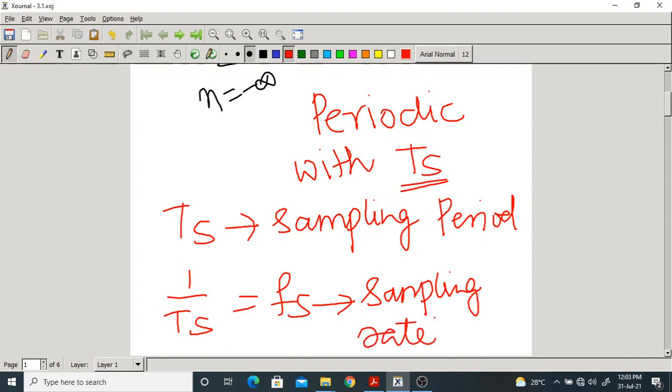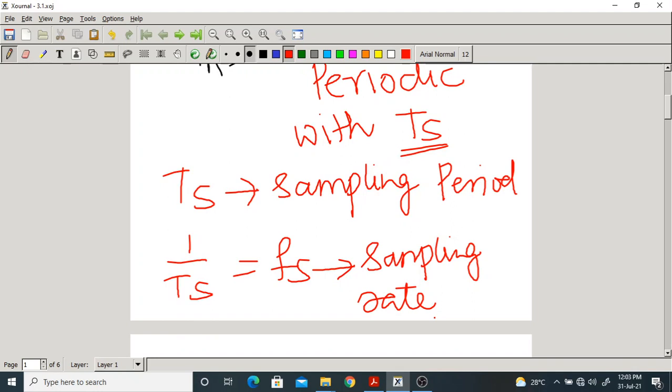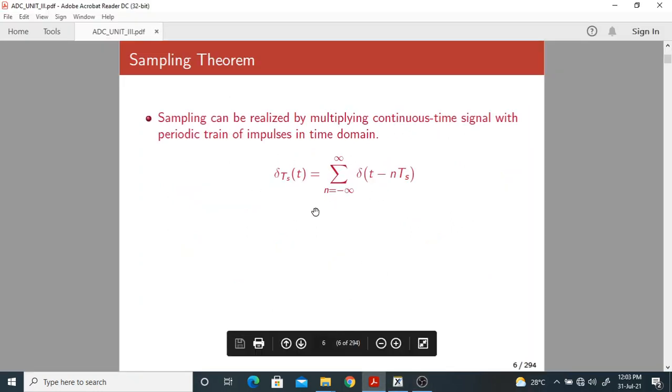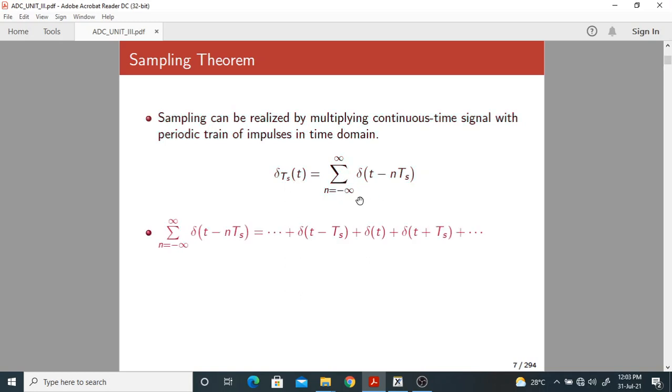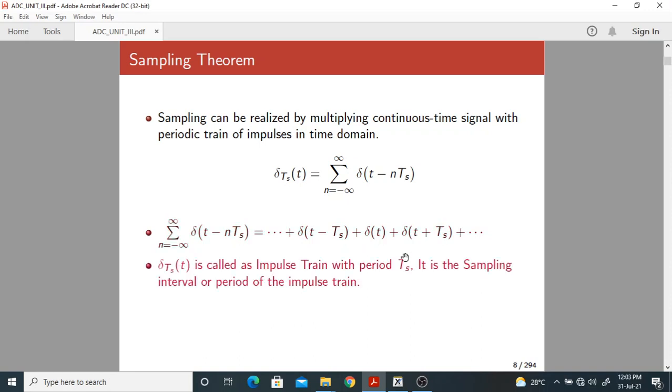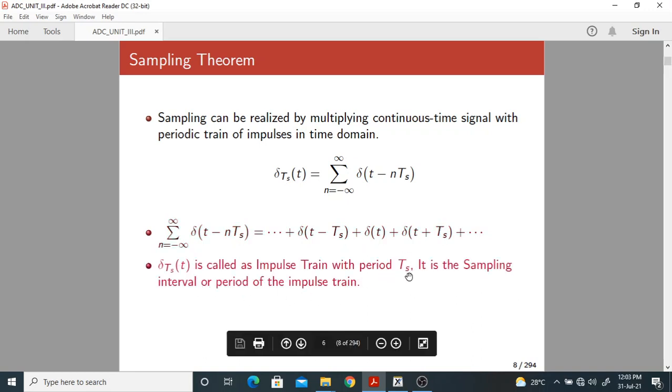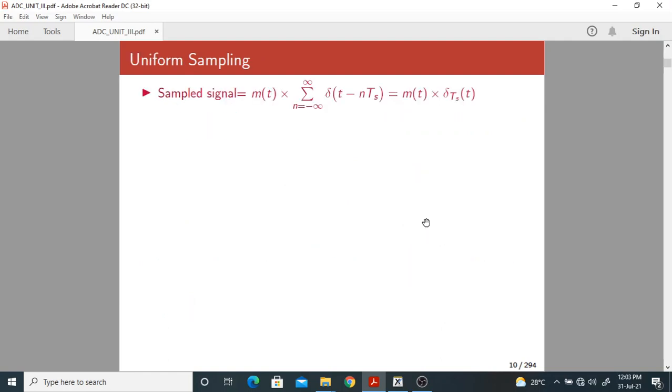It is called the sampling rate or sampling frequency. So this is the notation of the train of impulses, and this is how you get it if you expand that summation. Fs is known as sampling frequency or sampling rate.